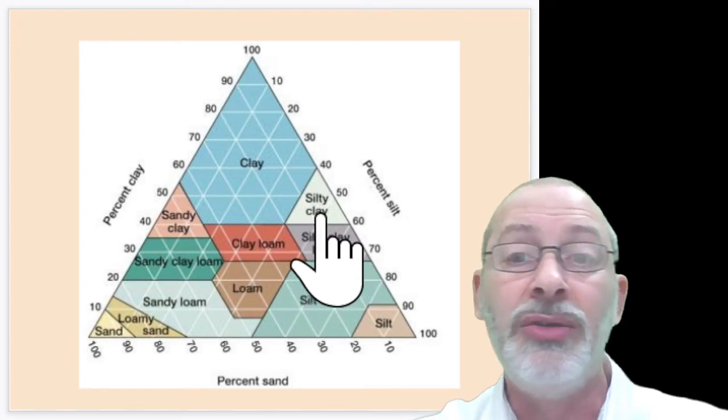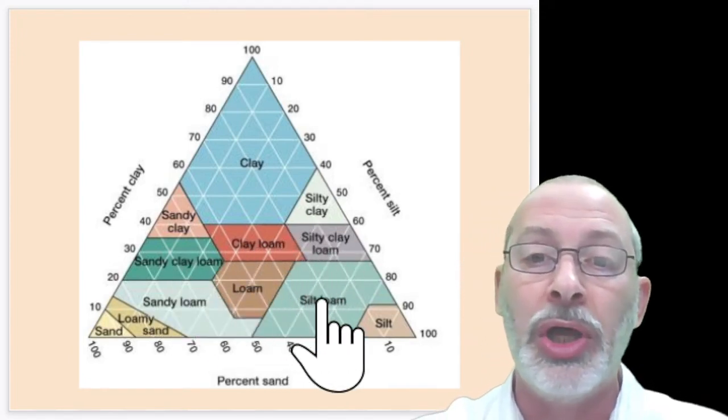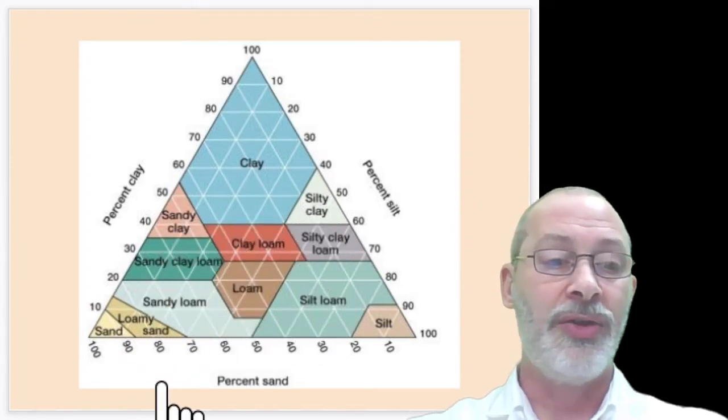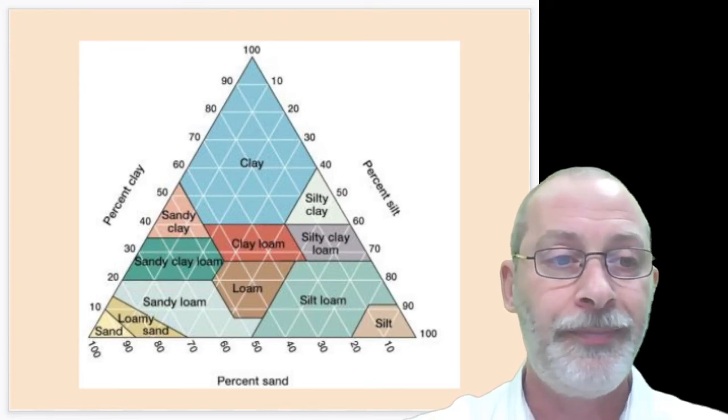Would it be a silty clay, a clay loam, a sandy clay loam, a silt loam, or any of these other categories? So that's one of the things that we will be exploring tomorrow.